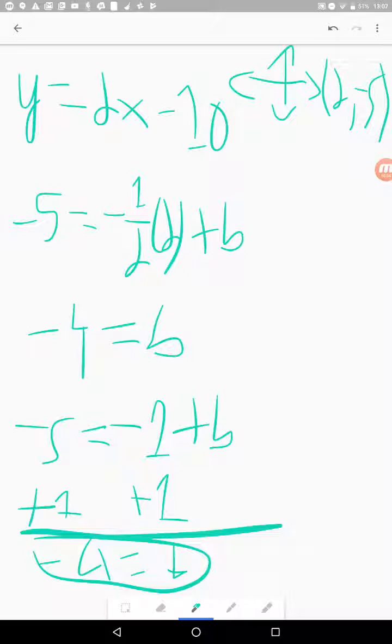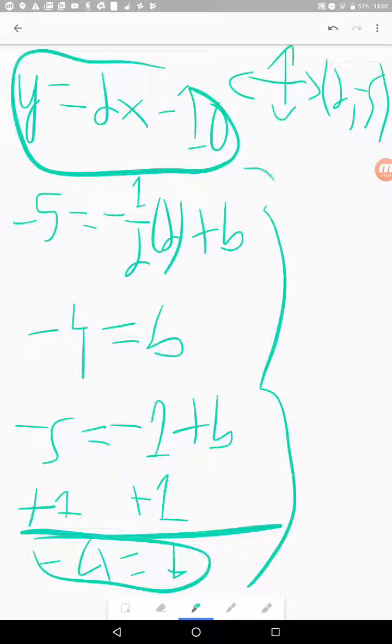Okay, now remember, all this gets plugged into our new equation, perpendicular to this one. So, remember, it has to be perpendicular. So, the new equation is y equals -1/2 x minus 4.